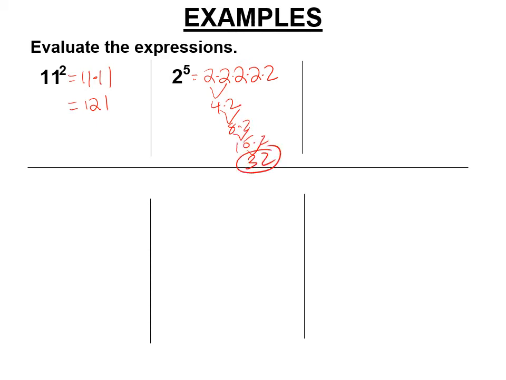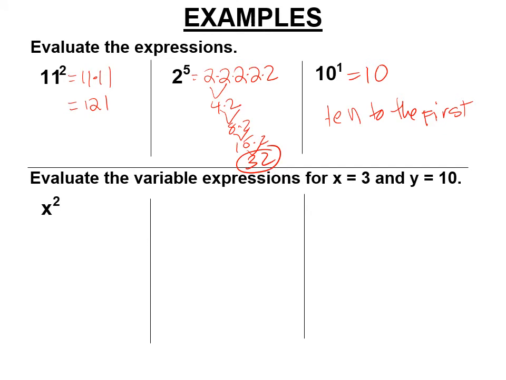So notice we're multiplying 2 over and over again. That, by the way, is 10 to the 1st. And what is 10 to the 1st? It's just 10. So easy, but sometimes it's skipped over and people don't understand what 10 to the 1st is.